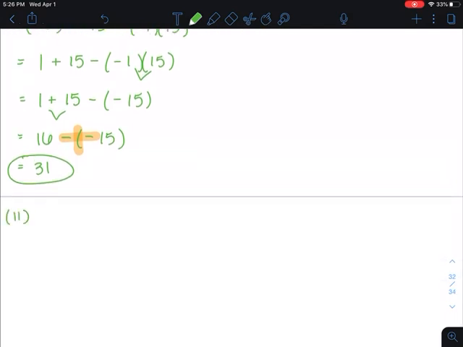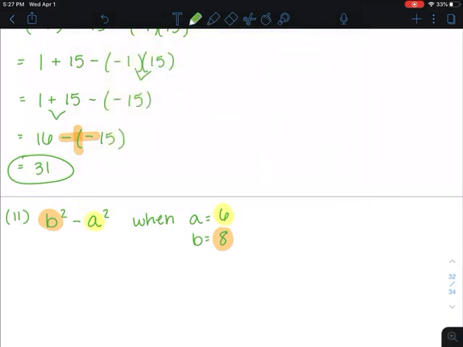Alrighty, I'm going to do one more. Let's look at number 11. Number 11, I have b squared minus a squared, when a equals 0 and b equals 25. I'm just kidding. Looking at the wrong set of instructions. Number 11, a equals 6 and b equals 8.